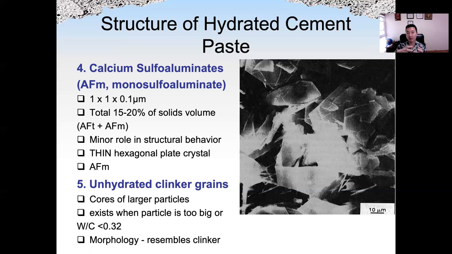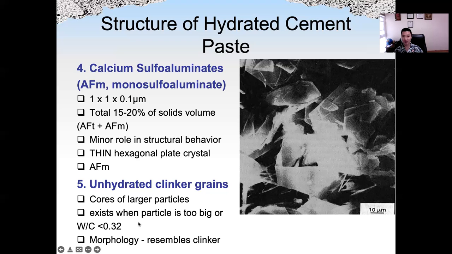Or if the cement particle is too big, a rule of thumb is if the diameter of the cement particle is larger than 60 micrometer, then the core of the cement grain cannot be fully hydrated. The water cannot fully penetrate and 100% hydrate the cement grain because the particle is just too big. So larger than 60 micrometer, it cannot be fully hydrated, no matter the water cement ratio. So remember that.